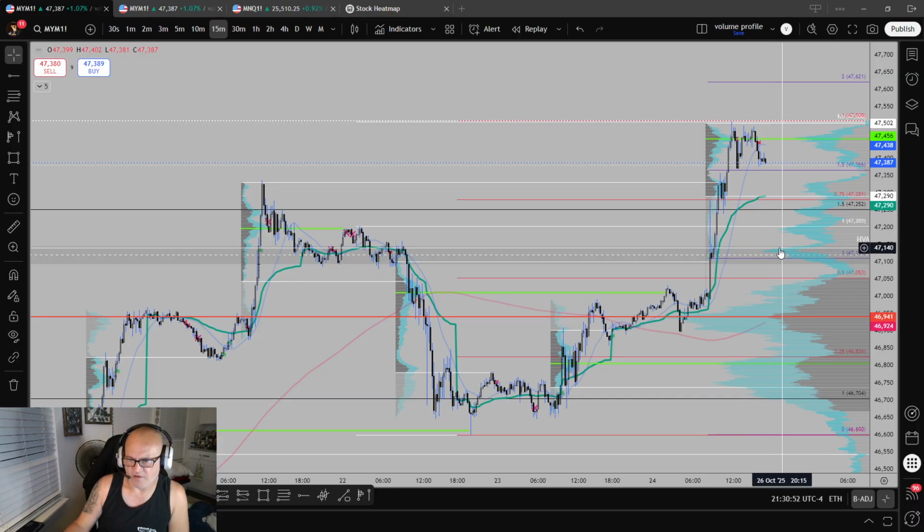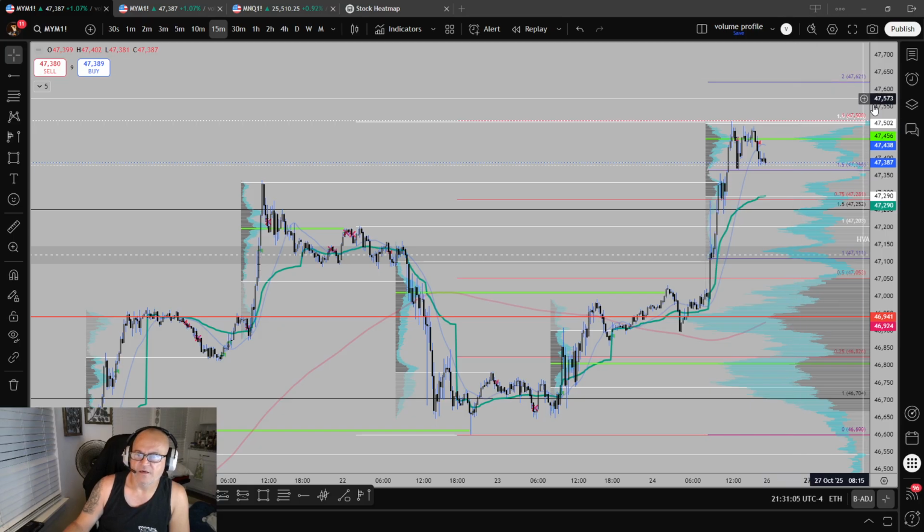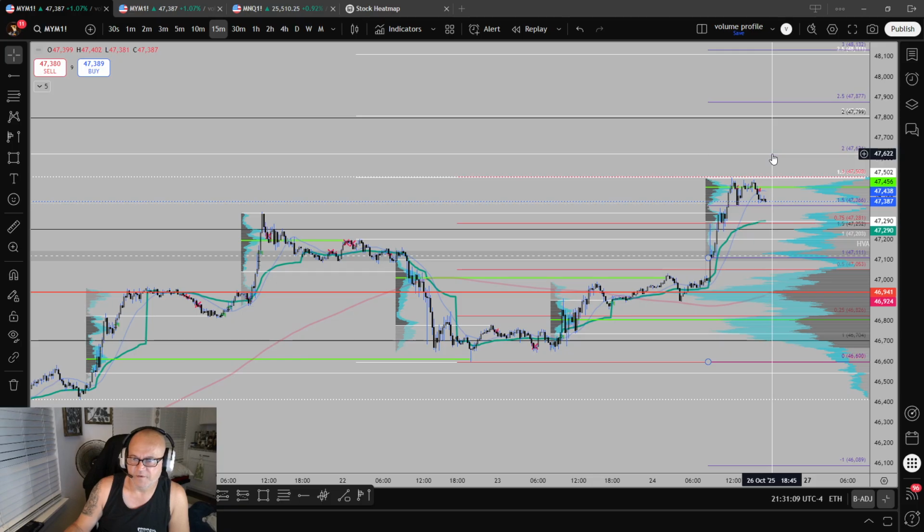It's below our high volume area. So we'll just have to see how the 75 does. Now that's 25%. This could easily pull back 25% and then head higher to the 2 standard deviation.